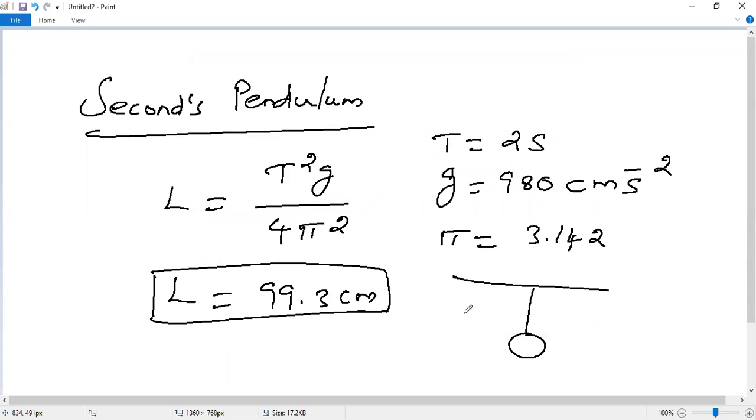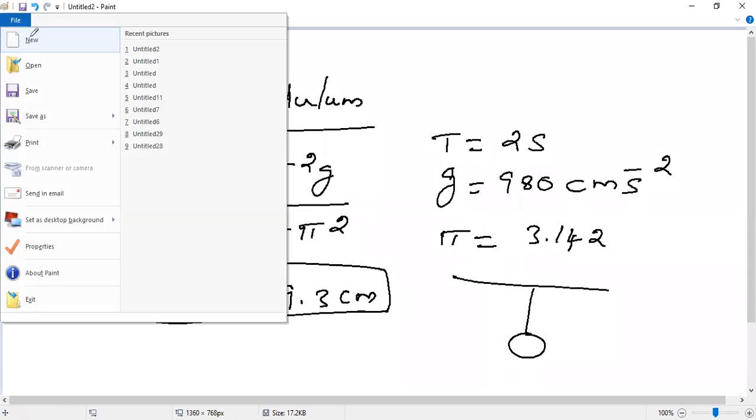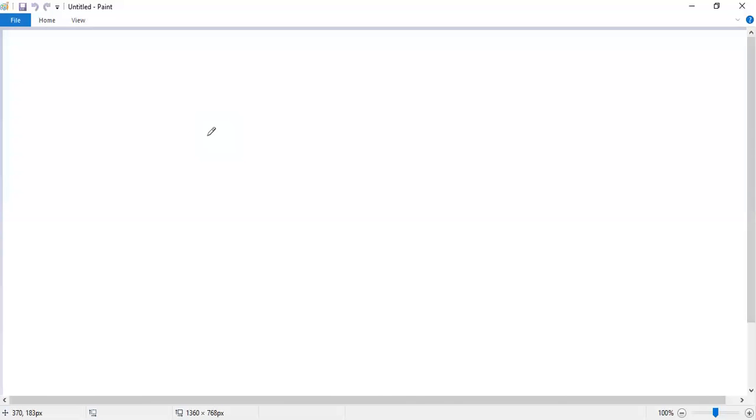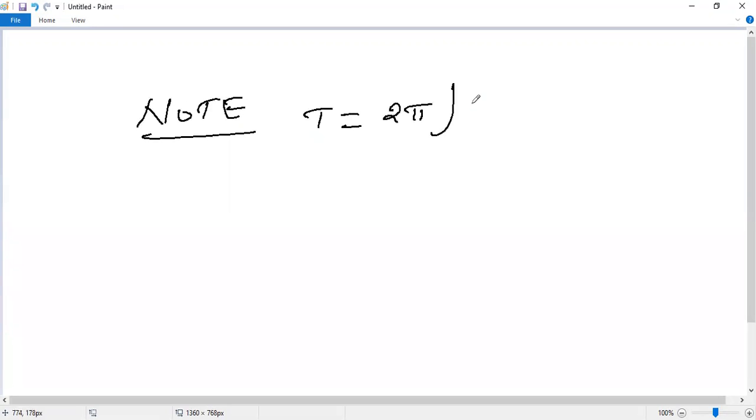It is related to the simple pendulum when the length of the simple pendulum is comparable to the earth radius. This is an extra mark, please note. The actual formula is T equal to 2 pi root of L by g.